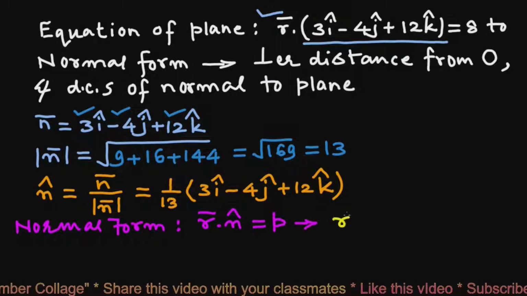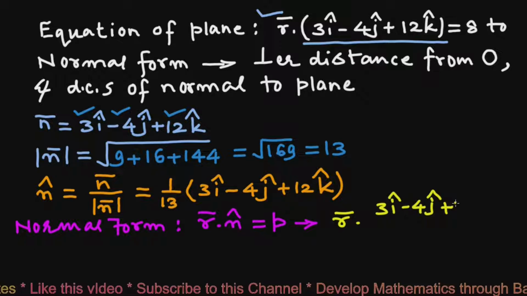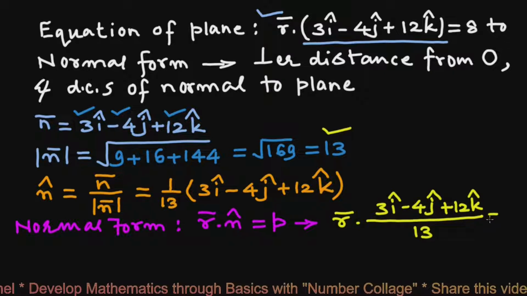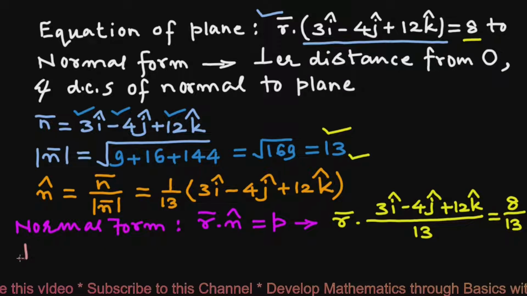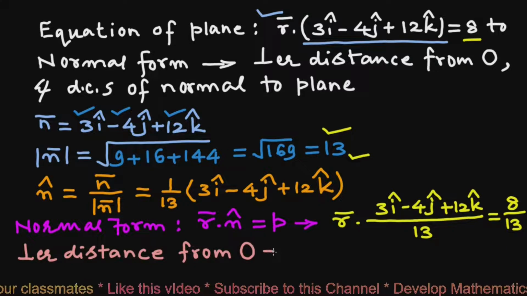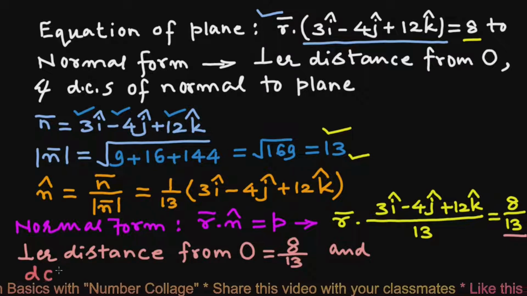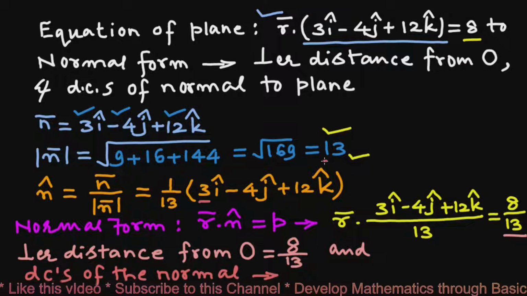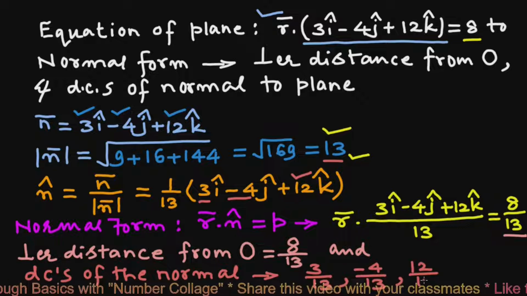That will be r bar dot (3 i cap minus 4 j cap plus 12 k cap) upon 13 equals 8 upon 13. Now the perpendicular distance of the plane from the origin O will be 8 upon 13, and direction cosines of the normal to the plane will be 3 upon 13, minus 4 upon 13 and 12 upon 13.